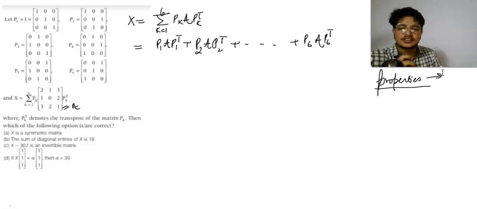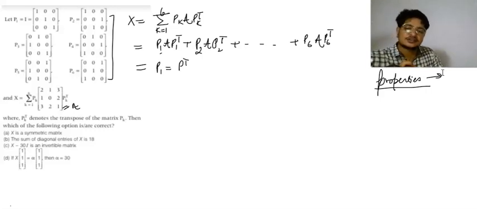First thing, P1, P2, up to P6 are nothing but the matrices which are given here. If I write P1 and its transpose, it is equal to that, so you can check that. So P1 is equal to its transpose, and so its inverse is also equal.